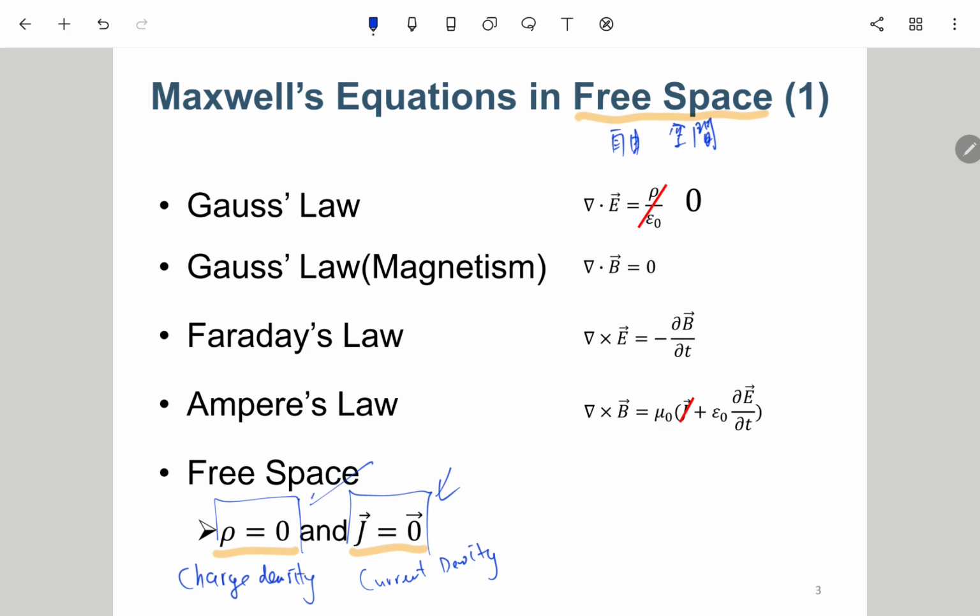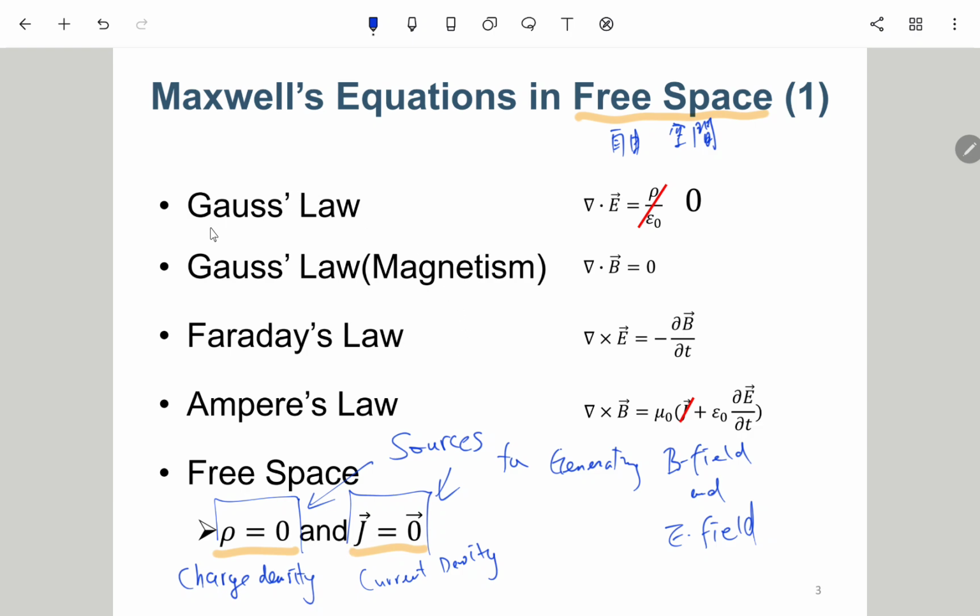We can consider these as sources for generating E field and B field. 我们没有任何的源头在这个空间里面去产生任何的这个电场或者磁场。我们假设说它们一开始就是有一个能量已经在那边在作用了所以它只是自由的在传播所以这个是 Maxwell equation in free space.